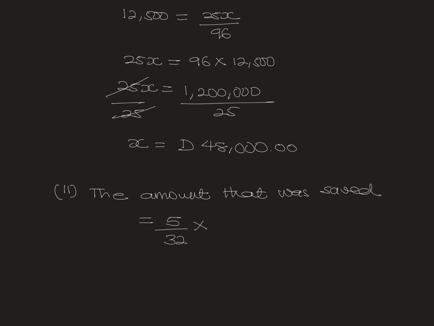So this will be multiplied by the total salary of the man, which is 48,000. When we do the math, we will have $7,500. So always remember to indicate your 2 decimal place when you are dealing with money. Okay? So this answers the question.